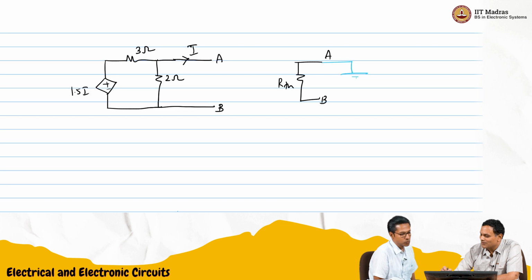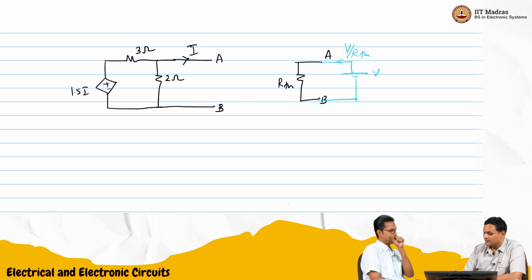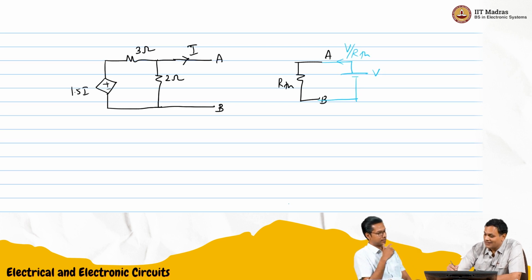One of them is to put an unknown voltage source V that you apply, and the current has to be V by RTH.